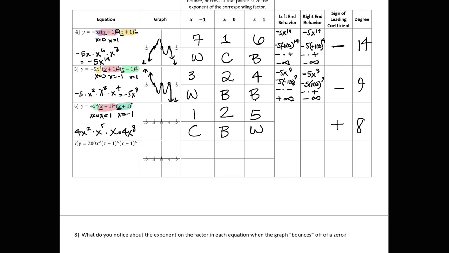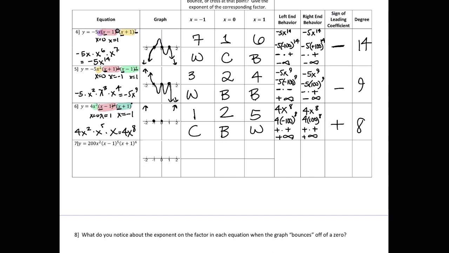Let's check it. 4x to the 8th, 4x to the 8th. So when we plug in negative 100, we have a positive times a positive gives me positive. When I plug in 100 here, I have a positive times a positive gives me a positive as well. So our end behavior is going to look like that.